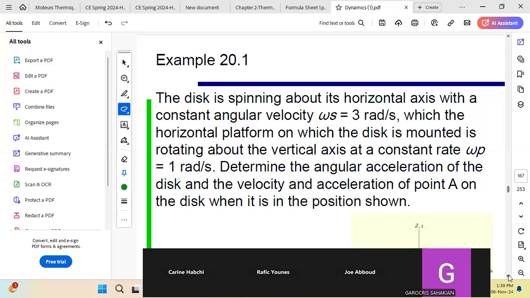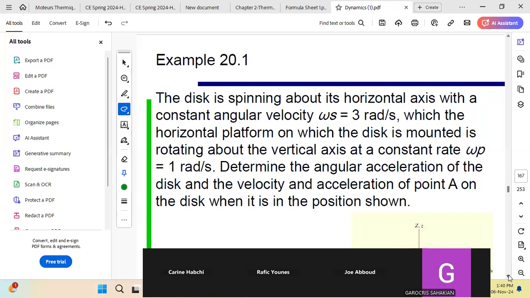When you consider the derivative of the vector, in 2D the angular velocity and angular acceleration were perpendicular to the plane of motion.